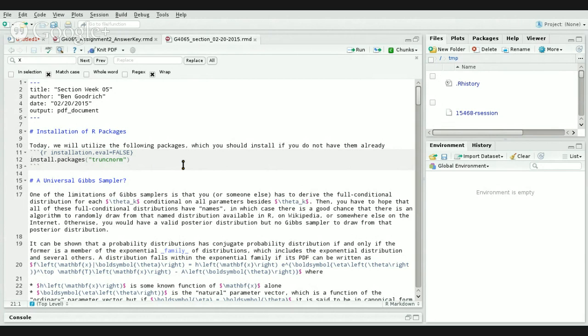But a distribution within the exponential family is one that can be written as a function of the data times e to the power of the dot product between eta and t, where eta is what's known as the natural parameters, and t is a vector of sufficient statistics that depend on the data.